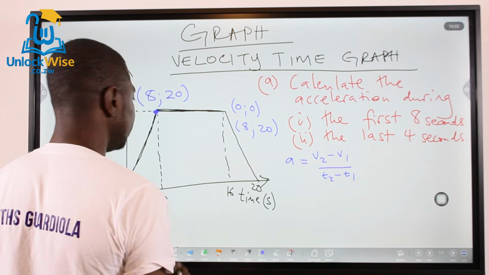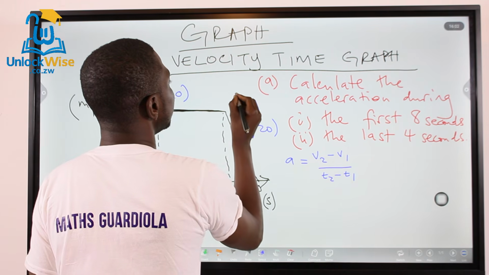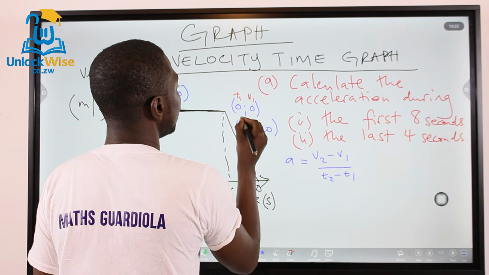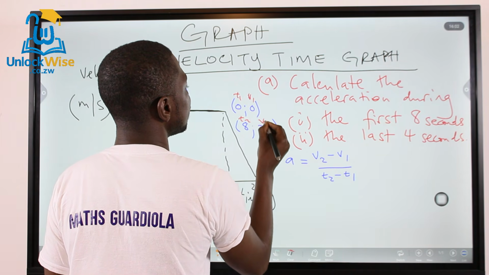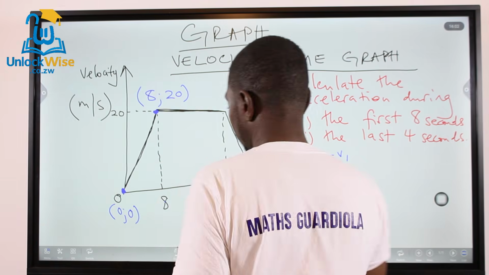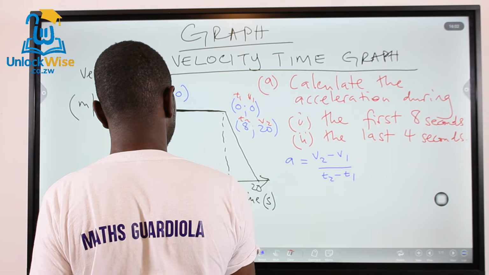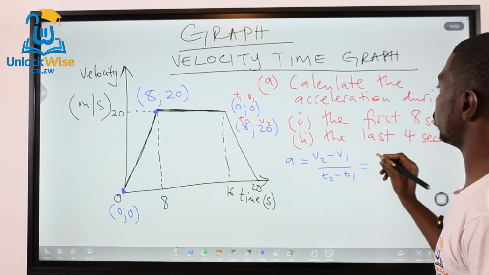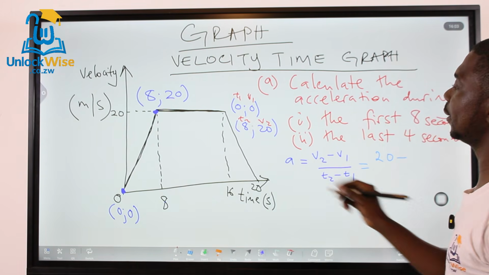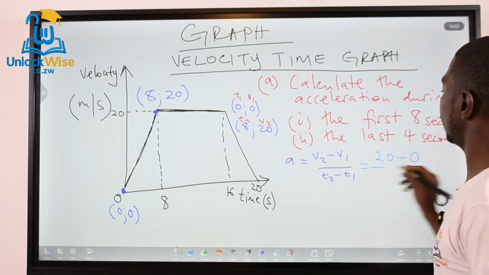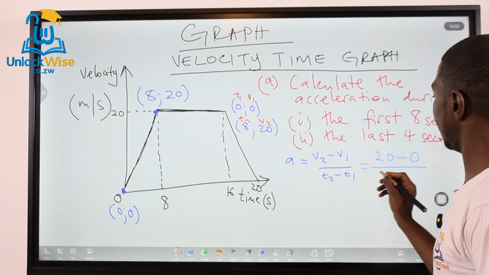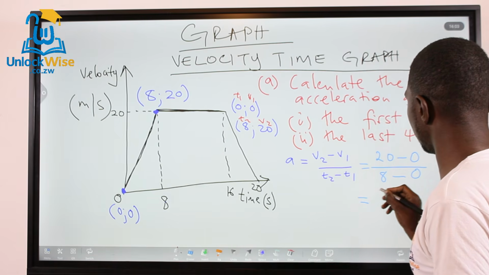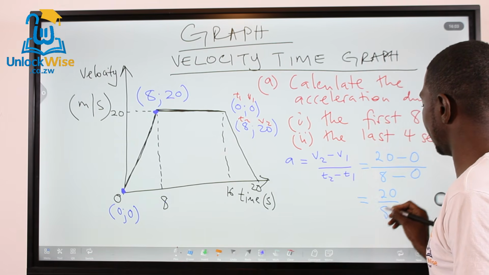Right. So let me call this T1 and call this V1. Call this T2 and call this V2. Right? So V2 is equal to 20 minus V1, 0, over T2, which is 8, minus T1, which is 0. So this is going to give me 20 over 8. Right?